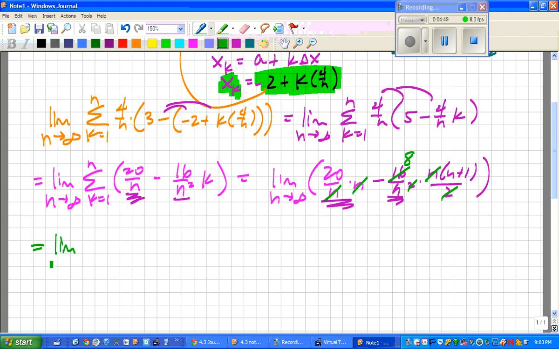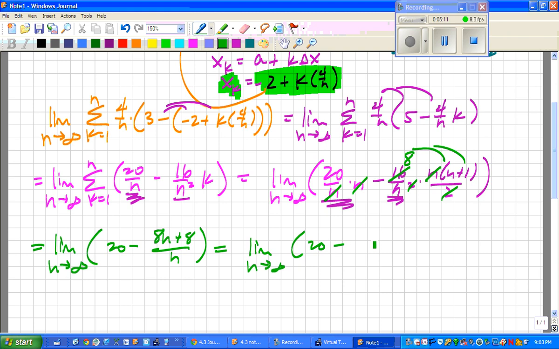So now we have the limit as n approaches infinity of 20 minus, we distribute that 8, we get 8n plus 8 all over n. We can split that one up. So limit as n approaches infinity of 20 minus 8n over n, and I want to distribute that minus, so it's going to be minus 8 over n.